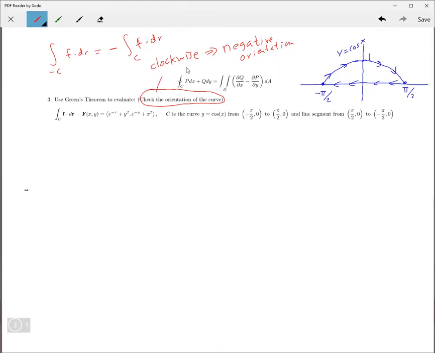It's like integrating from B to A instead of going from A to B, from a larger value to a smaller value instead of a smaller value to a larger value. That's basically what the orientation is.